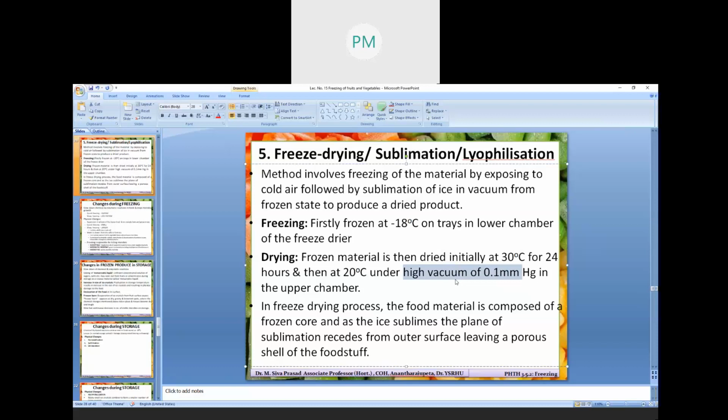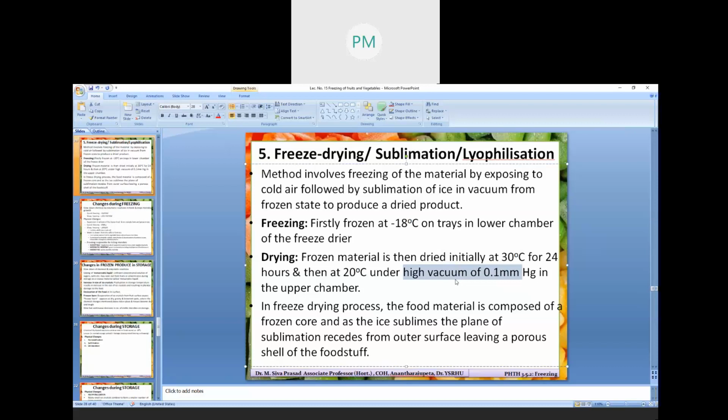Usually the state of the food component transfers from solid to liquid and liquid to gas. This is the usual phenomenon. But in the case of sublimation, when a food is frozen, it will convert into solid ice.